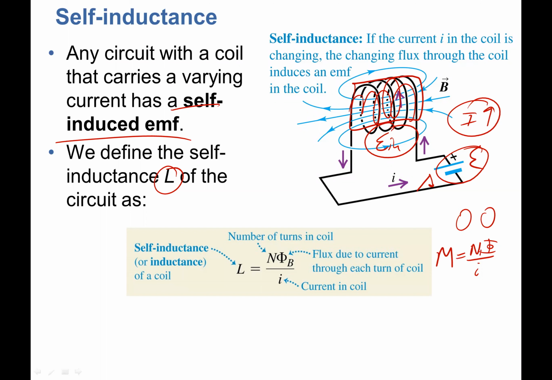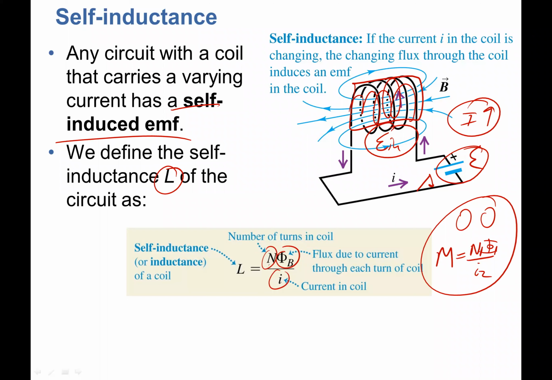So this was the number of turns in coil 1 times the flux through coil 1 divided by the current in coil 2. But this is self-inductance. There are no 2 coils, there's just 1 coil. That means it's still proportional to the number of turns, still proportional to the flux, and inversely proportional to the current, but it's just 1 coil.